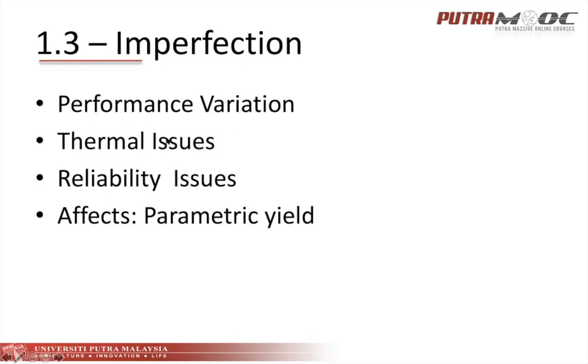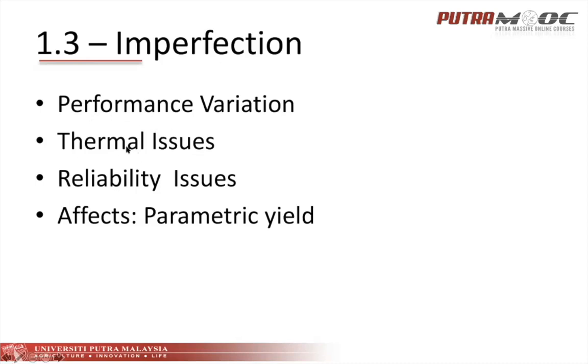This is more towards, for example, the transistors maybe having a larger leakage current, and this leakage current could introduce more leakage power, and this leakage power will introduce higher heat dissipation. So power is being transferred into heat. So this could introduce thermal issues.